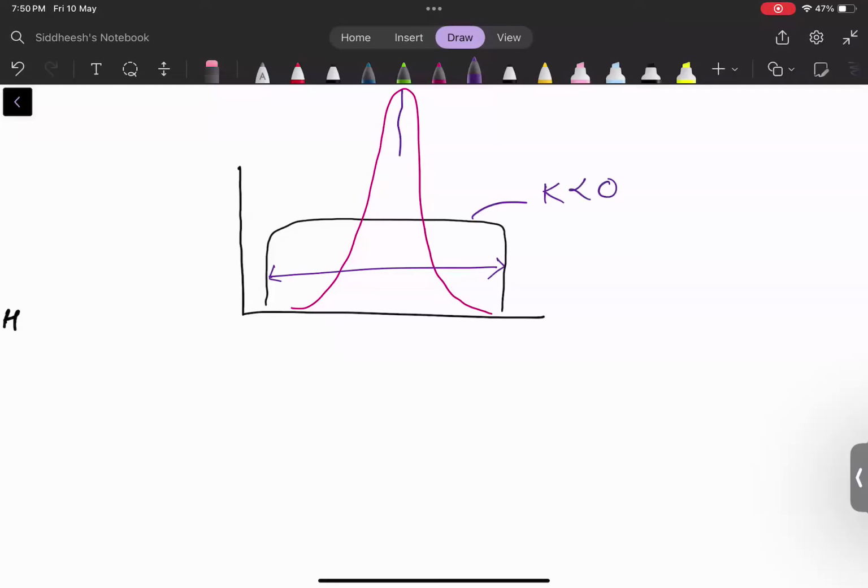Then this is long and thin. Remember two friends. Long and thin. Yes, more than zero. So this is the graph we usually draw for the kurtosis in the exam. Yes, correct, everyone.